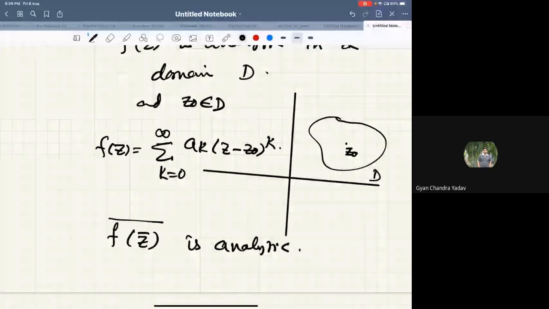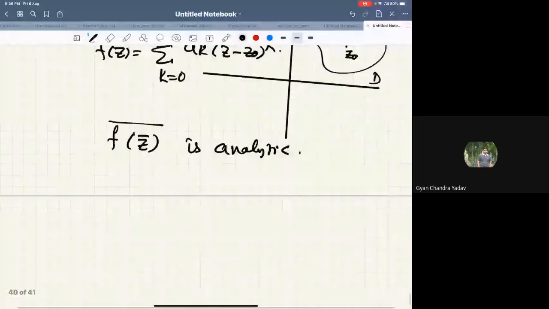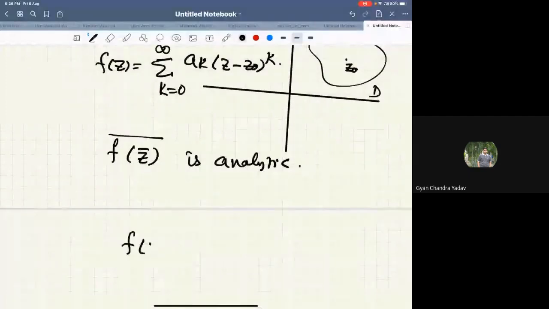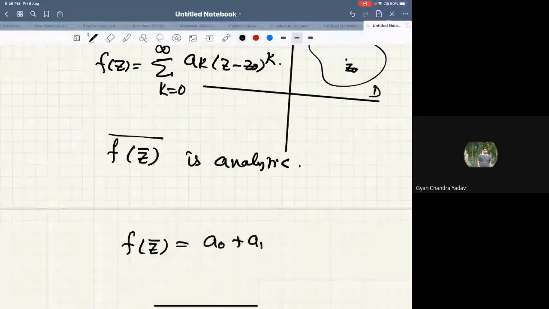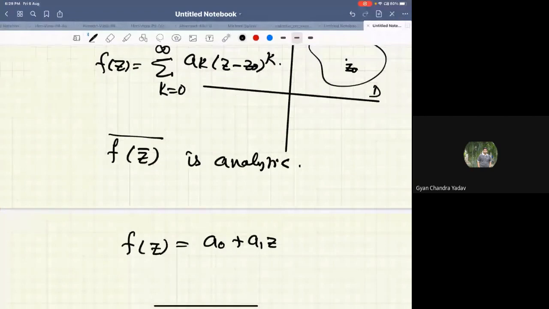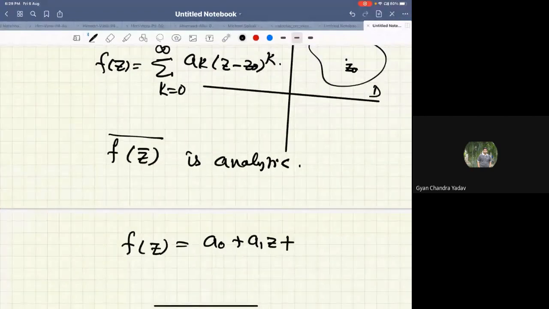So if you want to see it in an easy way to understand, in the power series expansion, what is f of z bar? Let me write f of z as a0 plus a1 z. In case you want it at a point z0, without loss of generality, take z0 equals 0.